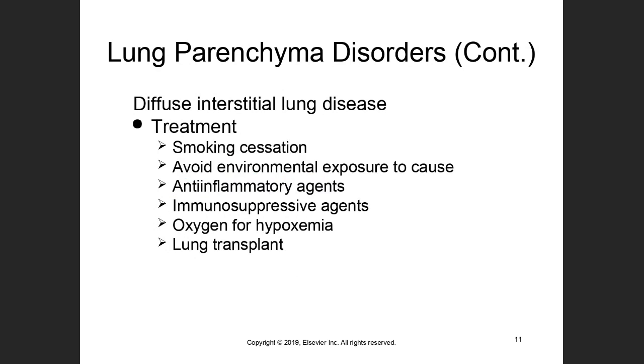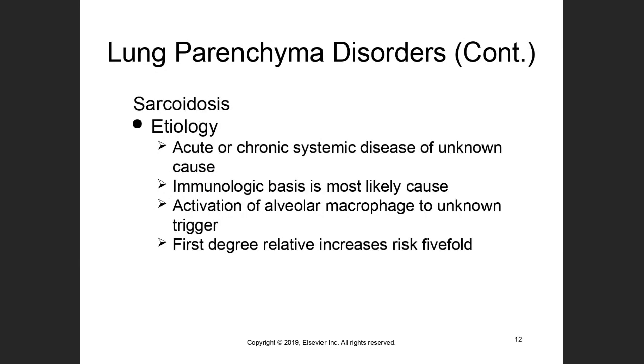Okay. And treatment, most of the time is smoking cessation, avoid environmental exposure, anti-inflammatory agents, immunosuppressants, and if the patient doesn't improve, then you have to do a lung transplant.